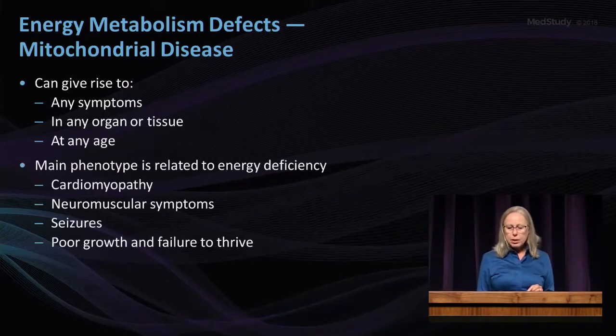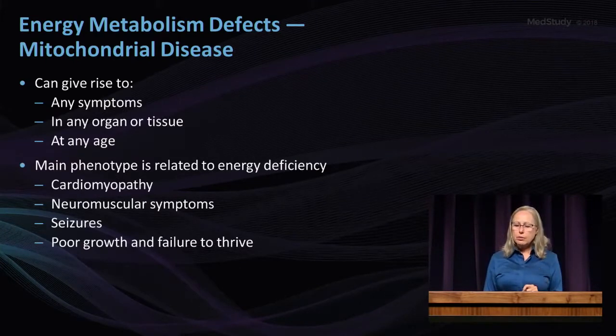So the things that we really want to look for are things related to energy deficiency: cardiomyopathy, neuromuscular symptoms, seizures, poor growth and failure to thrive. So look for high energy systems. Along with these are also things like hearing loss and vision loss.